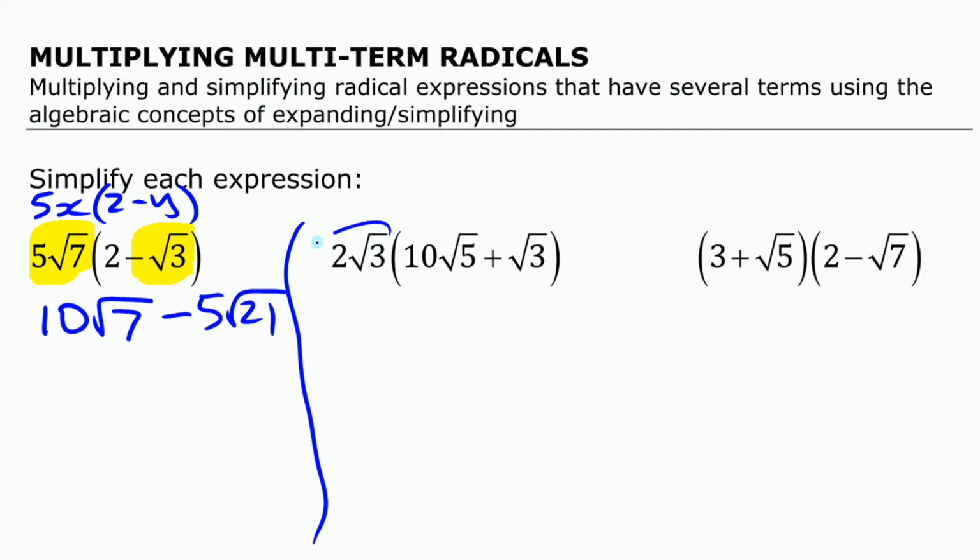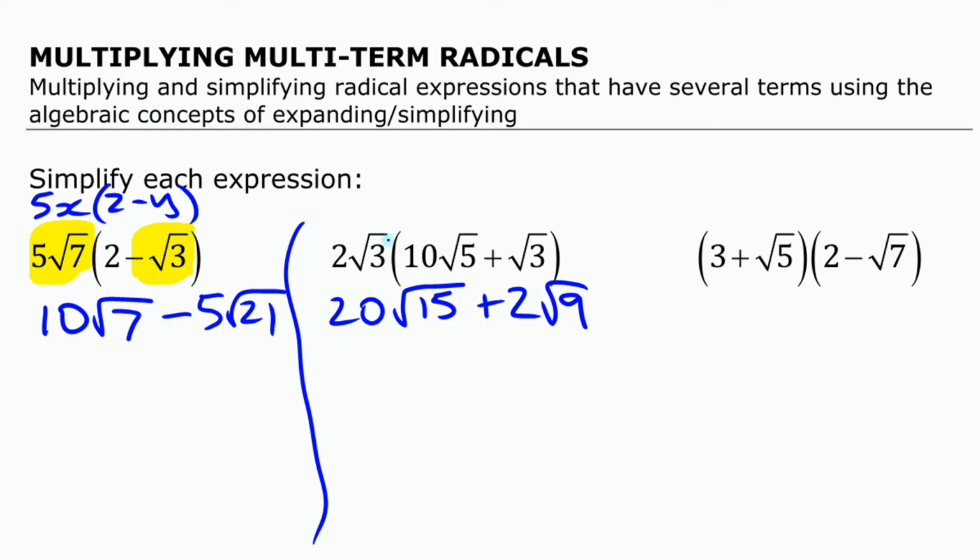This also has a single term times two terms here, so we'll do the same thing. We'll multiply that times this term first. We're going to have 20 root 15, and then we'll do this term times the second term, 2 root 3 times root 3. You might feel like you want to write 2 root 9, which you can do if you want.